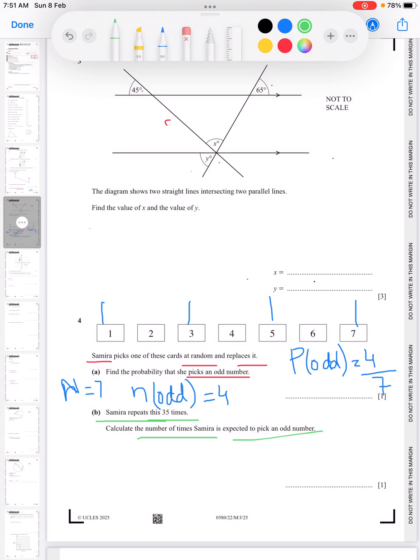We just multiply the probability, that is 4 by 7, with the number of times she repeats the experiment. You can use it: 7 fives are 35 and 5 fours are 20. So 20 times she picked the odd numbers.